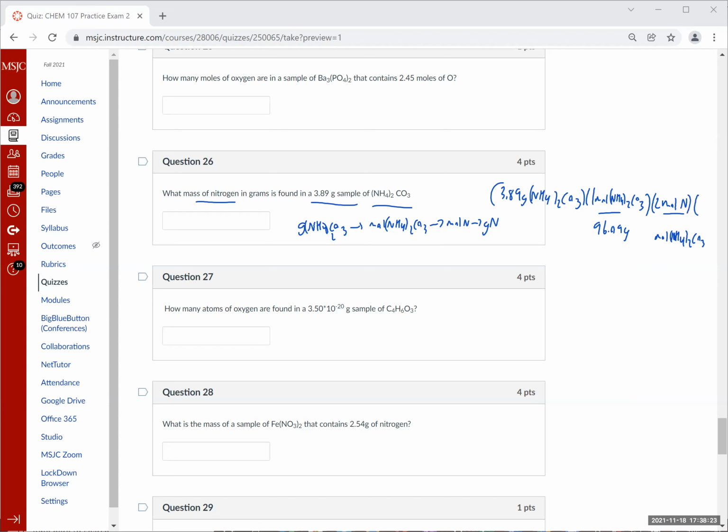And then looking at our molar mass, what molar mass are we dealing with? Nitrogen, which is 14. Yep. So then punching this into our calculator, 3.89 over 96 times 2 times 14, and that gives us 1.13 grams of nitrogen. Does this example make sense to everyone?